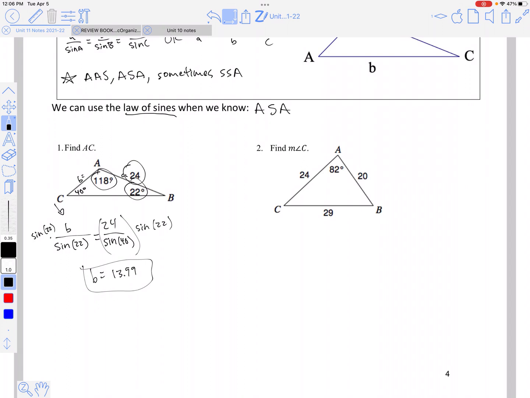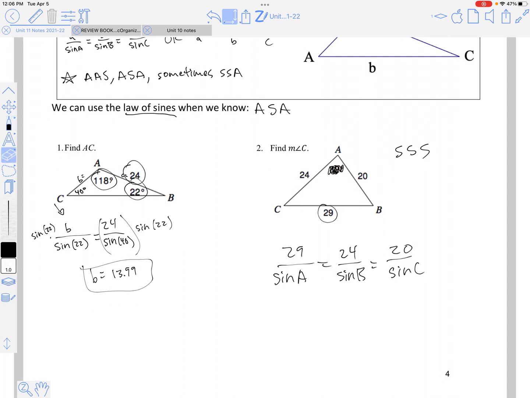Okay, here I have side, side, side. If I didn't have this angle, and I just thought, ooh, I have side, side, side, well, I'd have little a, and no matter how hard I tried, if I did little b over sine b, and little c, which is 20, no matter which ones I use, if I decide I'm not going to use sine c, I still have two unknowns.